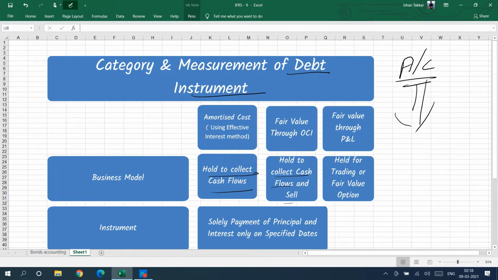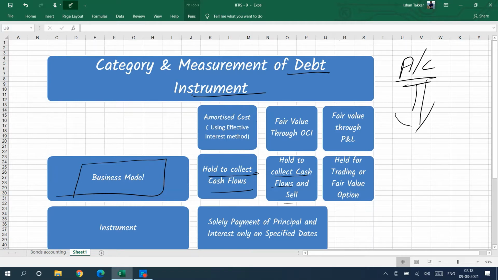So, just a quick recap of what we have covered in the last lecture: if you want to do the accounting for a debt instrument, first you need to analyze your business model. If your business model is to collect just the cash flows of that debt instrument and you will sit on it, whatever happens, you will never sell it. You will just sit on it.